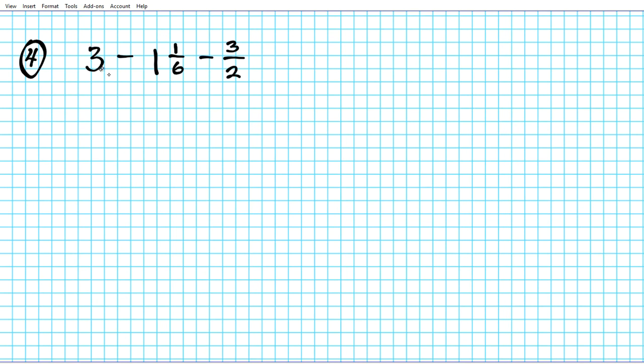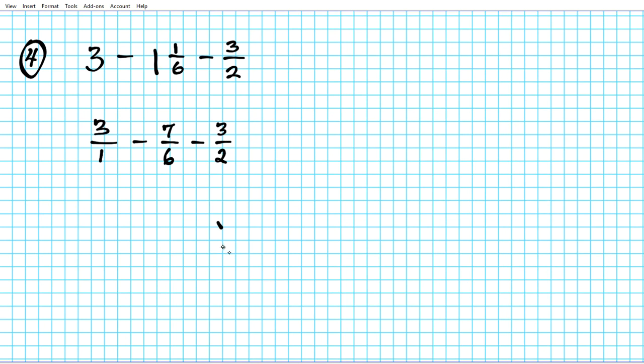Okay? How do we express 3, an integer, as a fraction? We can express it as an improper fraction. All we do is put it as 3 divided by 1. Okay? 1 and 1/6, multiply and add. You have 7 over 6 minus, this is already in the desired form, so we'll leave it alone.